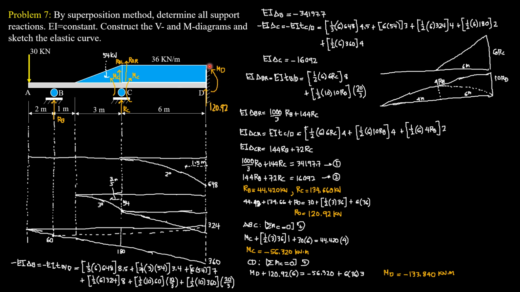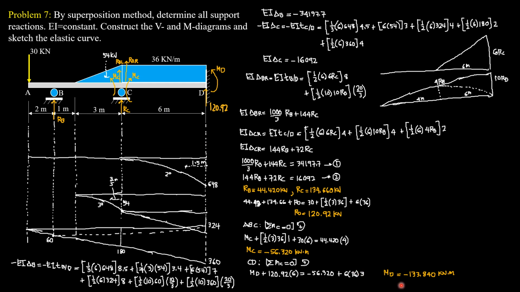Let's assume positive summation of moment about C equals 0 because we have solved already RD. So M sub D plus 120.92 times 6 equals M sub C, which is this, M sub C, negative 56.32, then plus the moment of the uniform load, 36 times 6 times 3.